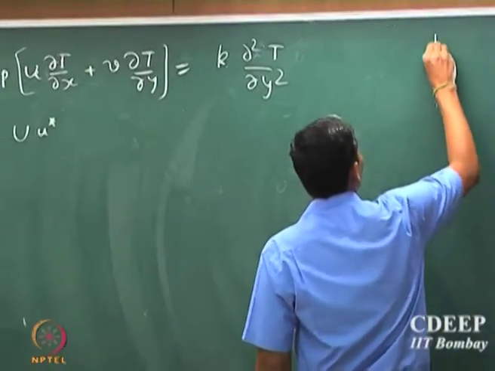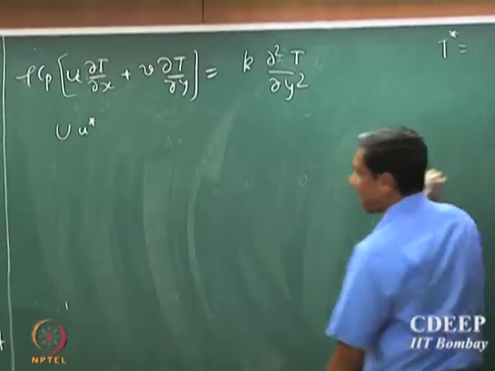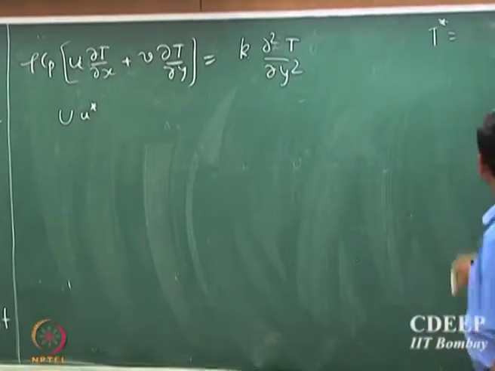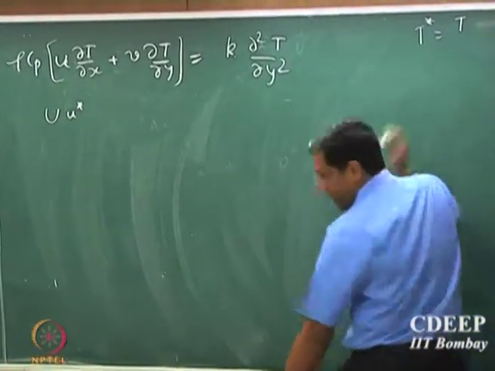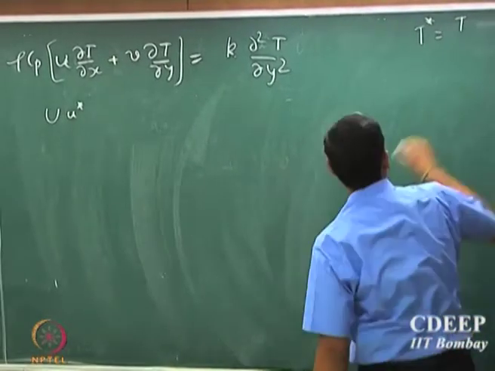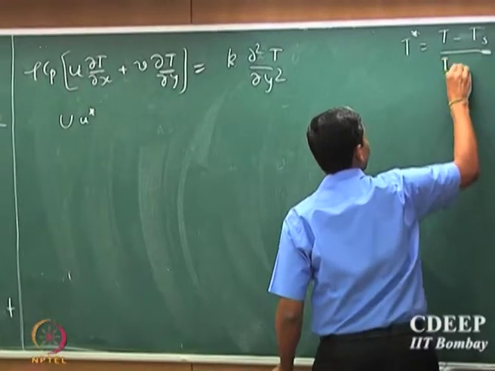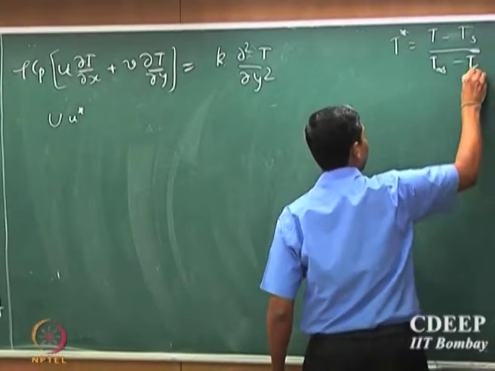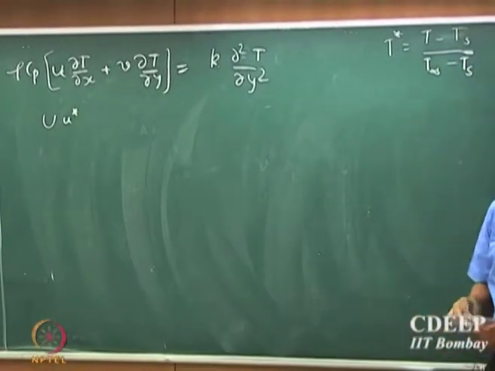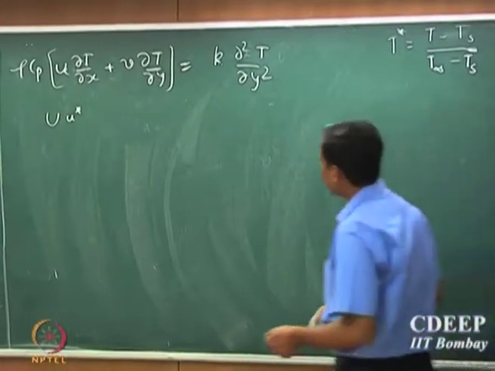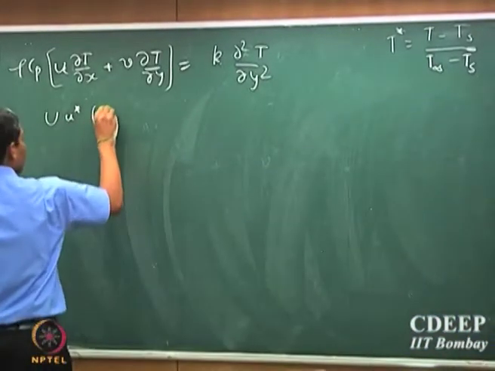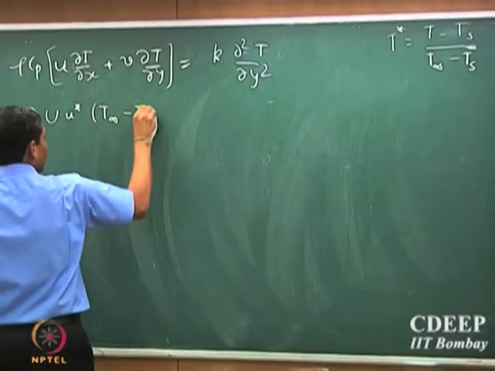So the better way to define a scaling for the temperature is T minus T surface divided by T infinity minus T surface, okay. That is a better scaling to introduce, and if we introduce that scaling, it will be T infinity minus Ts.